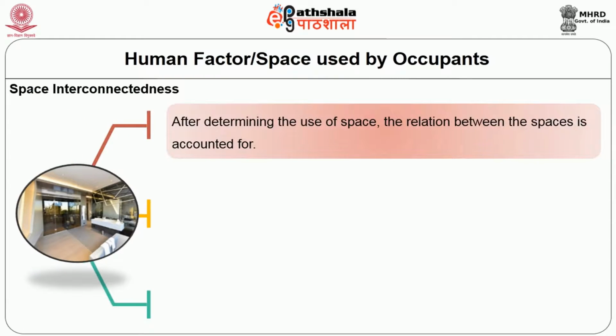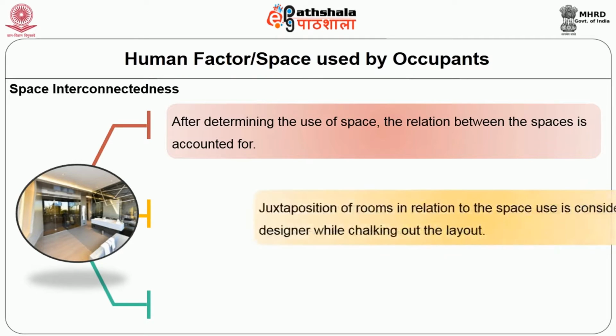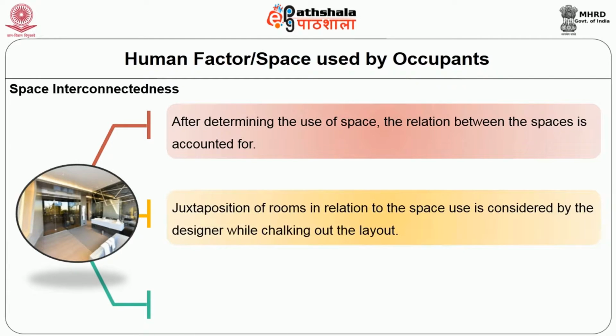Similarly, the space used and activities performed in each room are well described and determined in order to skillfully create this space. Space interconnectedness. After determining the use of space, the relation between the spaces is accounted for.